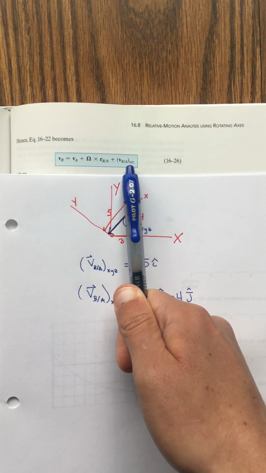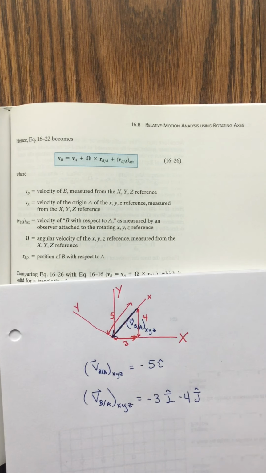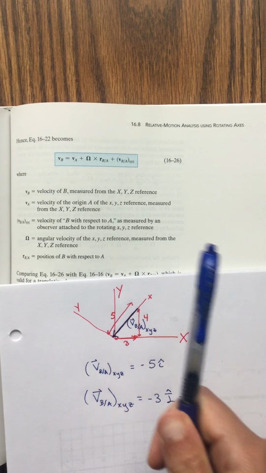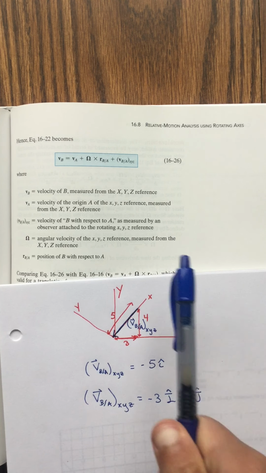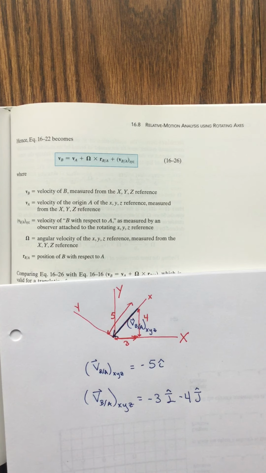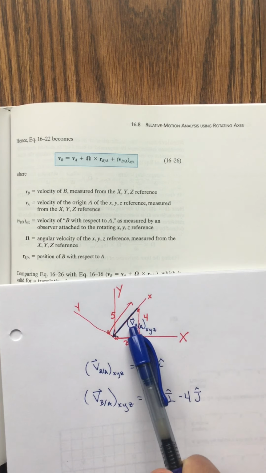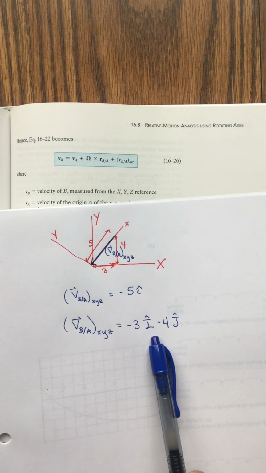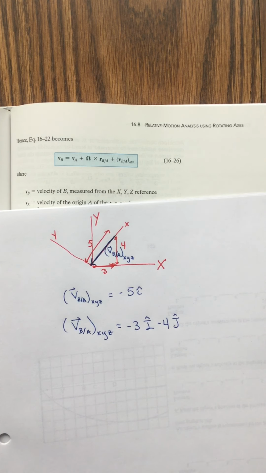It's just telling you who is measuring that velocity. So you have to think, this is being measured by an observer in the rotating reference frame that gives you this vector here. But if you want to write it using the coordinates for the other reference frame, it's still the same vector, you're just writing it using the different coordinate system.